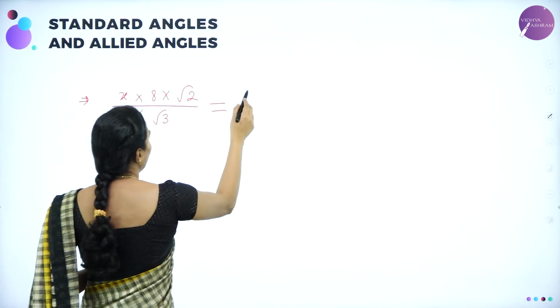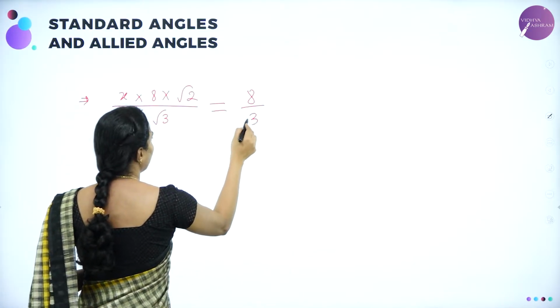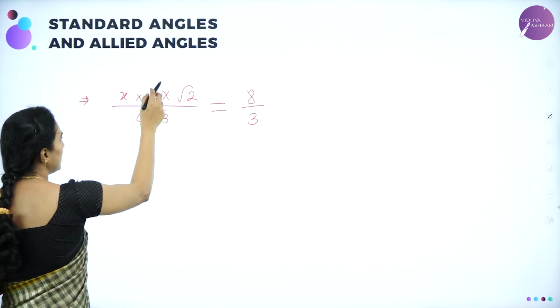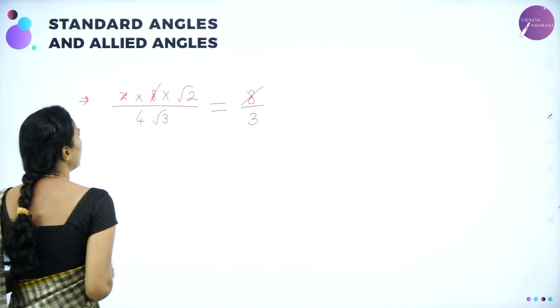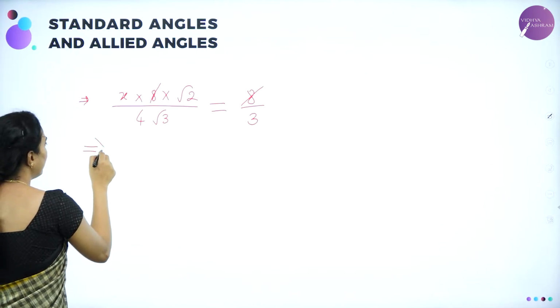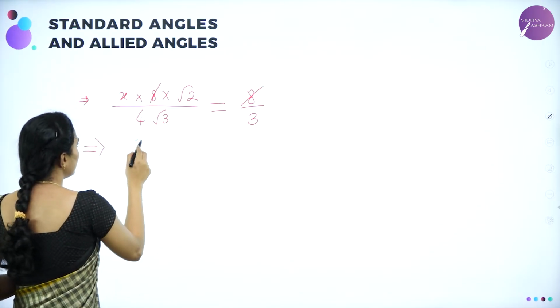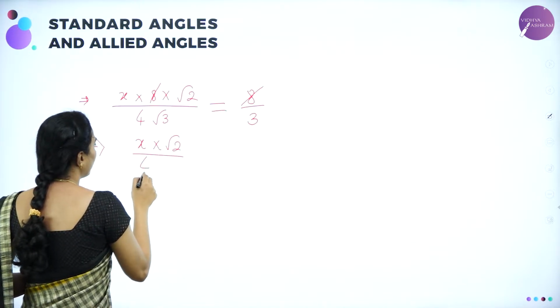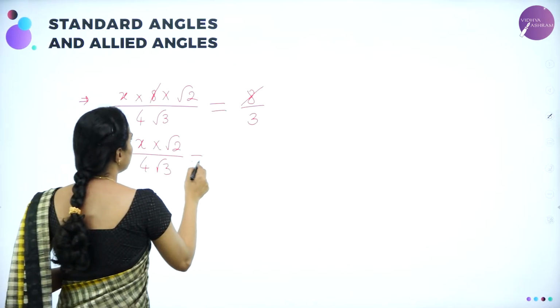So therefore 8 divided by 3 I can write it. Here you can have a cancellation, this 8 and this 8 will go. So remaining you have x into root 2 divided by 4 root 3.